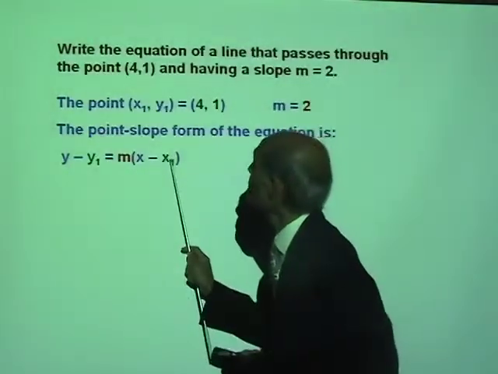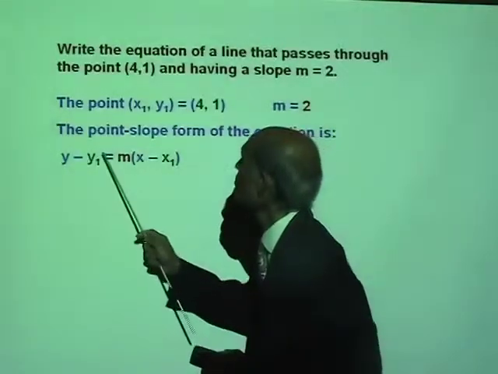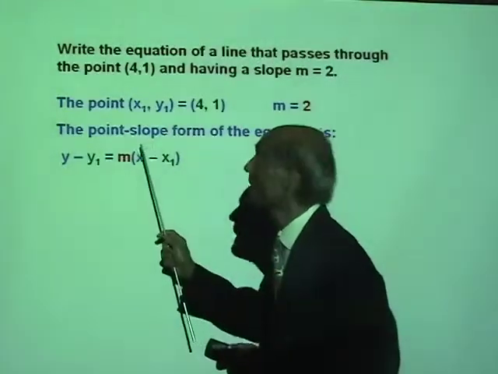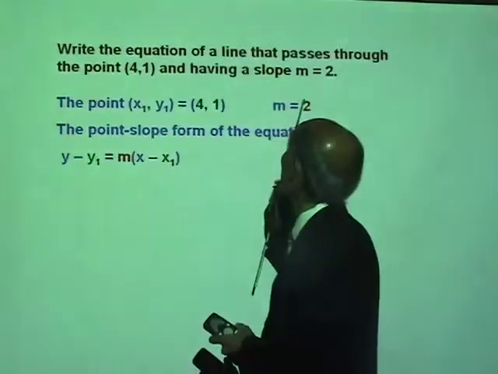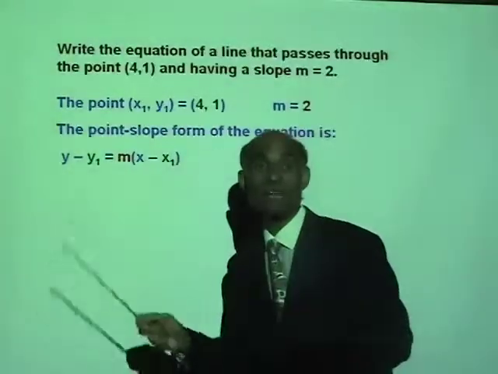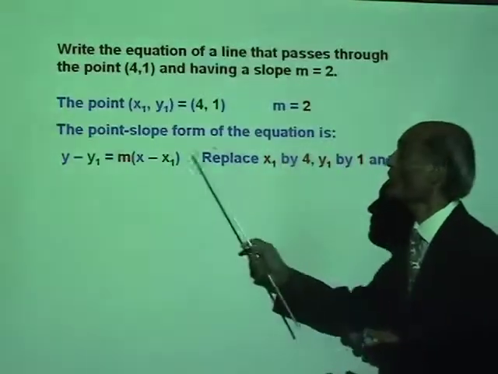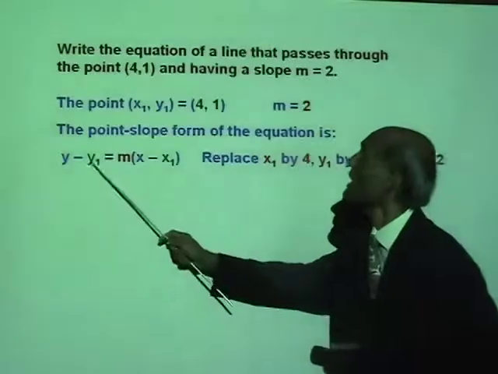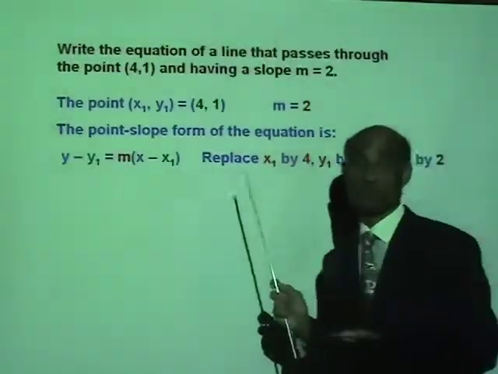Now, you know the value of x1, x1 equal to 4. You know the value of y1, y1 equal to 1. And you know the value of m, the slope, that is equal to 2. So let's replace these values. Replacing x1 by 4, y1 by 1, and m by 2.